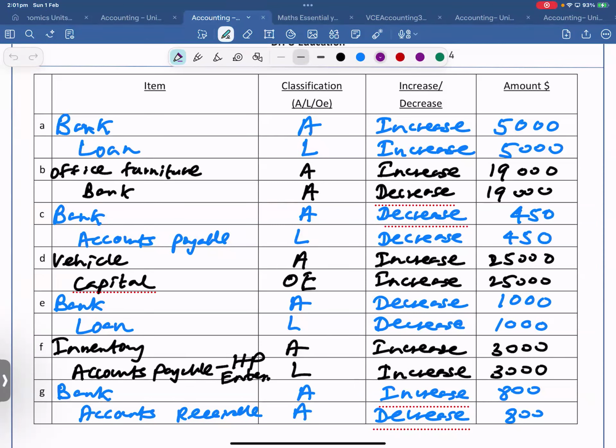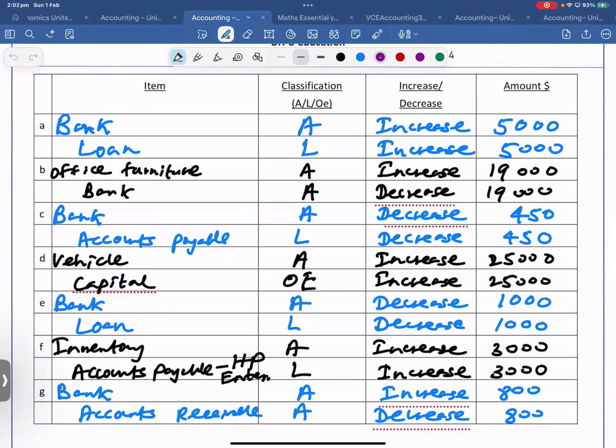Done? How many of them did you get correct? All of them but one. Which one? The capital, D. Okay. Now you know what to do.